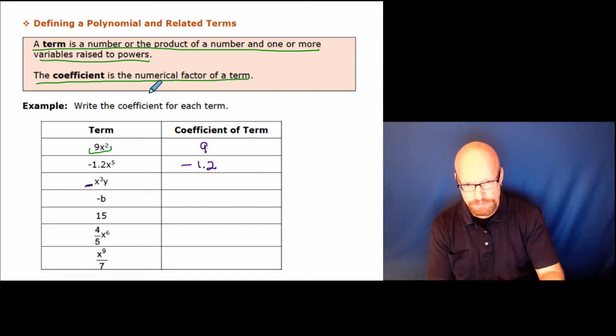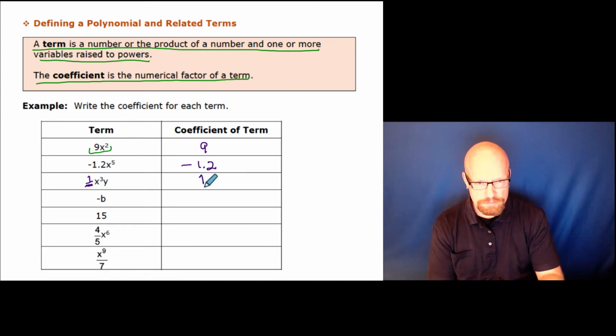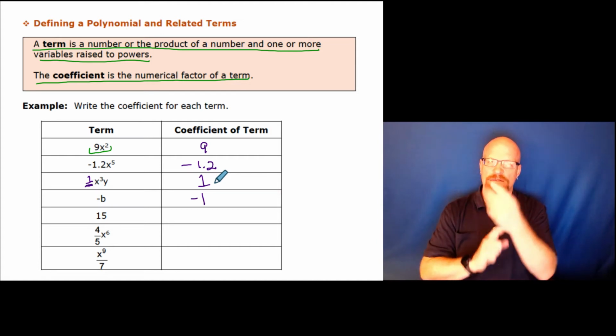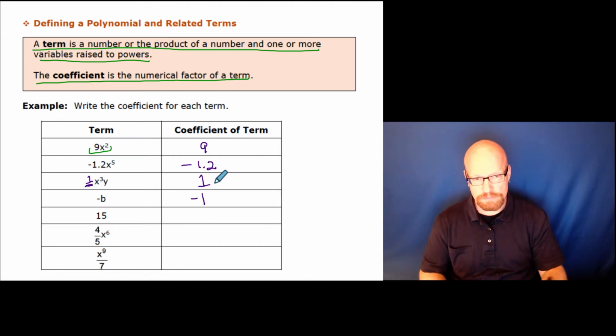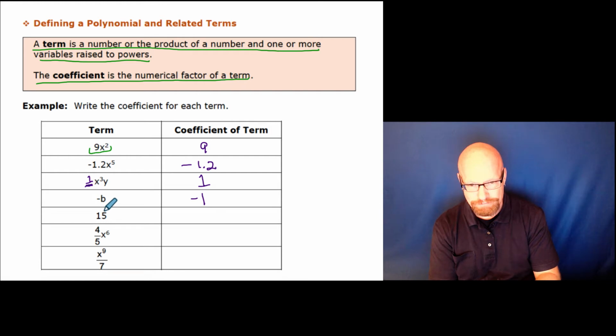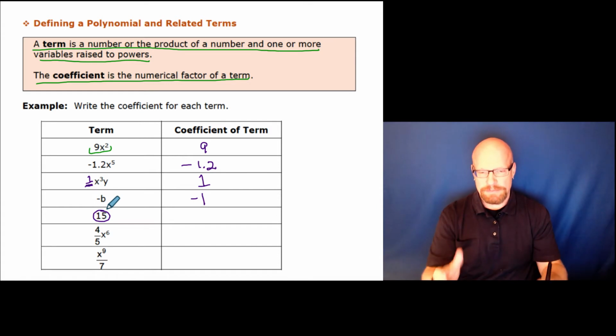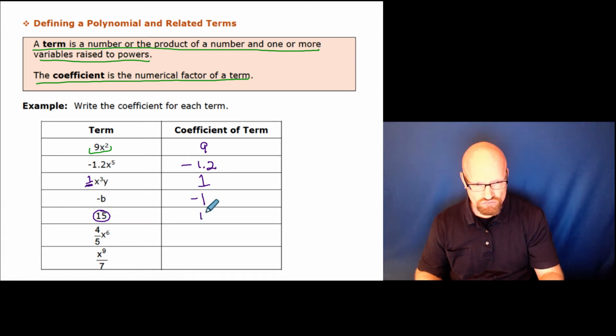So 1 would be the coefficient. Now, with a negative term, it's -1. Now, 15 is a coefficient because it is.